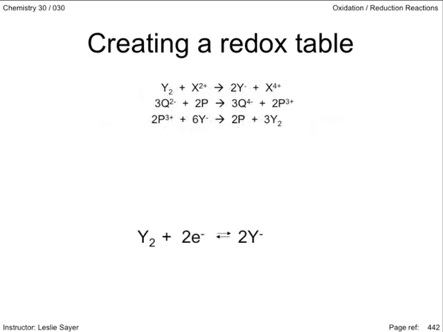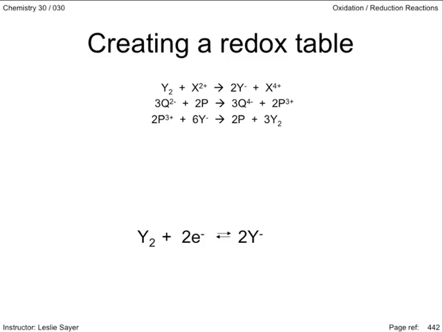For no other reason than it's the first atom I come across, I'll write down the reduction half reaction for the Y atom. Notice the ion is on the product side this time. Don't always assume that the ion is on the reactant side. In many reduction half reactions, ions can be found on both sides of the reduction half reaction, as will happen with the X and Q atoms in this example.